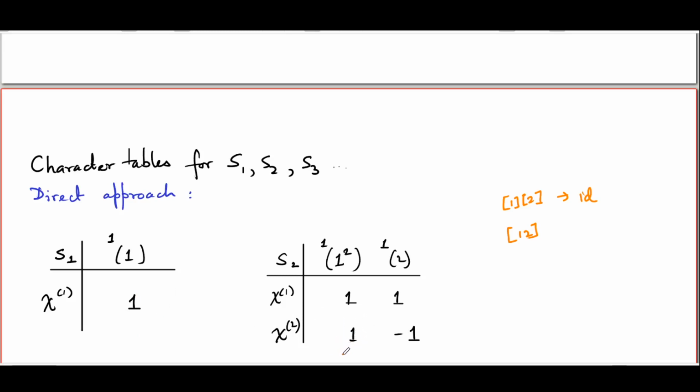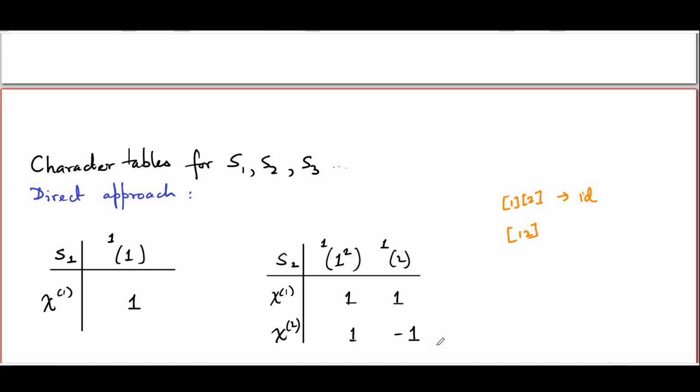This is a so-called alternating representation where all even permutations end up being mapped to 1 and the odd permutations end up being mapped to -1. That this is a valid one-dimensional representation is pretty easy to check from elementary algebra. And remember, for one-dimensional representations, the characters are the same as the matrix elements, the 1 by 1 matrix elements that make up that representation.